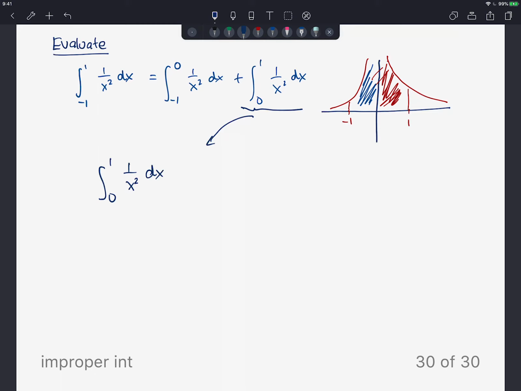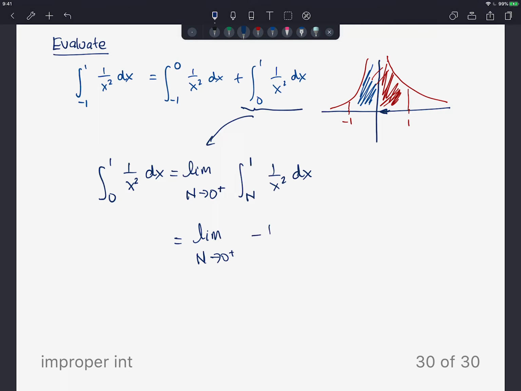And I need to approach this as an improper integral, so I'm really doing the limit when a certain number n goes to 0 from the right, of the integral from n to 1 of 1 over x squared dx. So I really should be doing the limit when that number goes to 0 from the right.